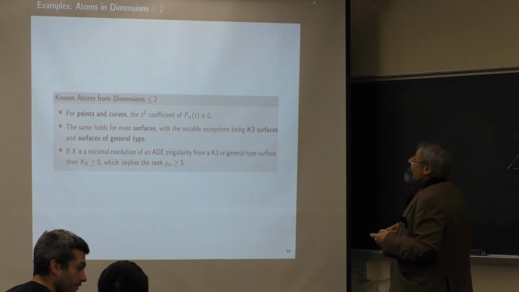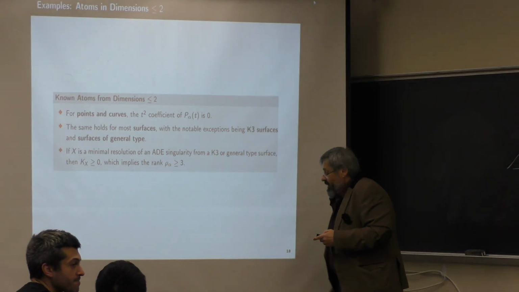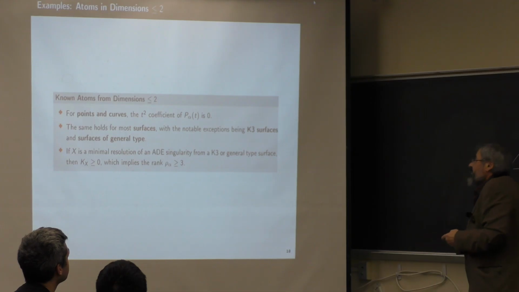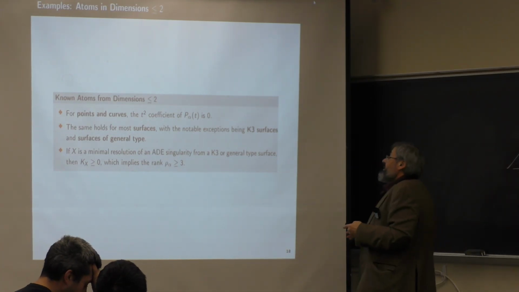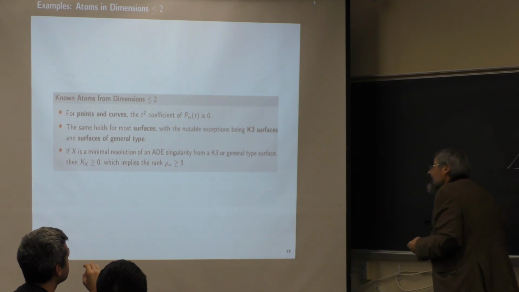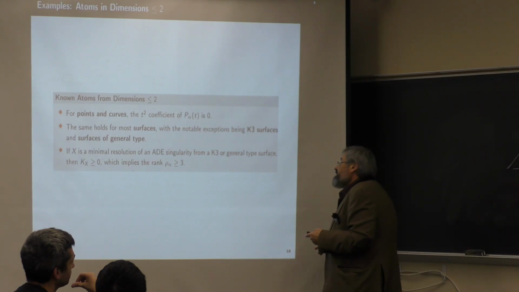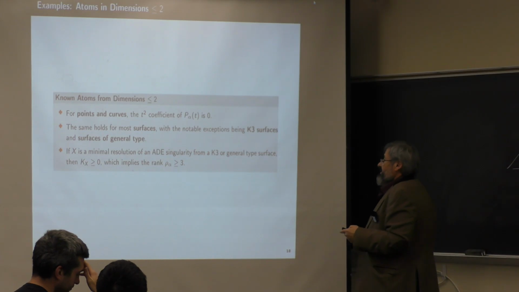The important thing to remember is that the rank of the homology group of this atom that can participate in this splitting, if this is an algebraic surface, is at least 3.